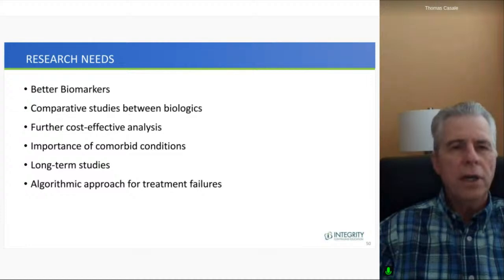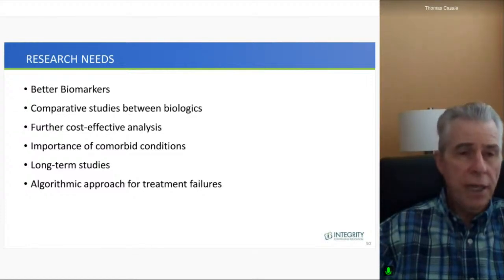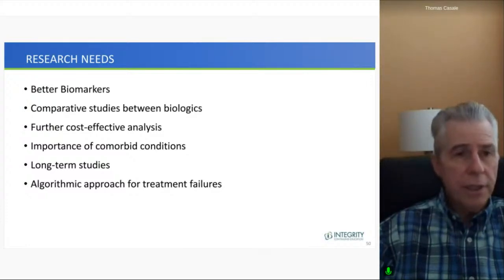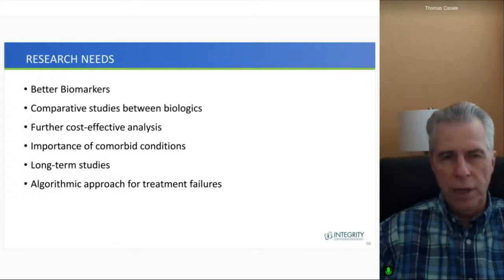So if the patient requires a biologic long-term, that could be a substantial healthcare cost. Similarly, surgery is expensive, and if you have to repeat it every couple of years, that adds up to a lot of cost as well.